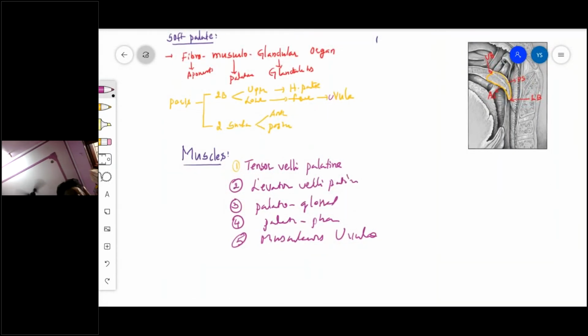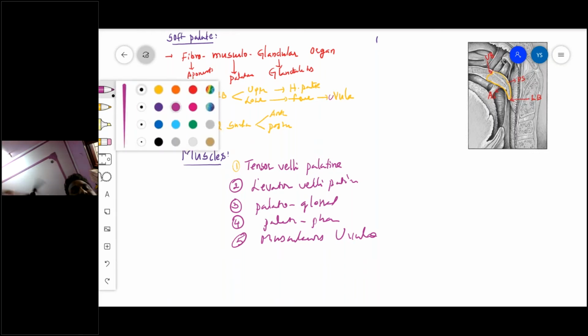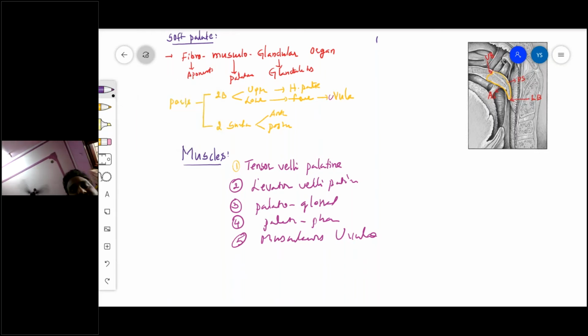Okay, muscles of soft palate is a 5 marks question. You should write the origin, insertion, nerve supply, and actions of all these muscles. But here you don't have sufficient time, so here I explain only one muscle. For the rest of the muscles, you go through your books. Here I'm going to explain a very, very important muscle.